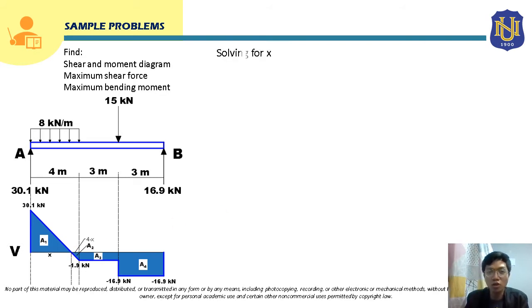By proportion, for the larger triangle, its height is 30.1 and its base is x. So this will become 30.1 over x. This will be equal to the height over the base of the smaller triangle. The height of the smaller triangle is 1.9.